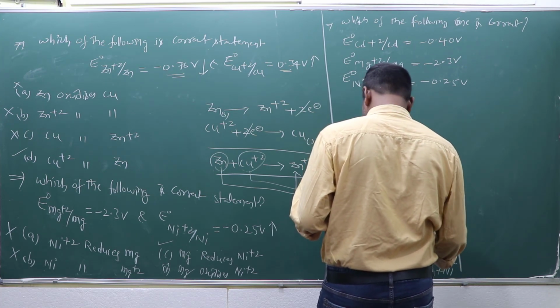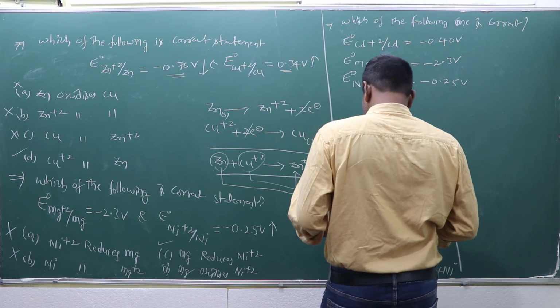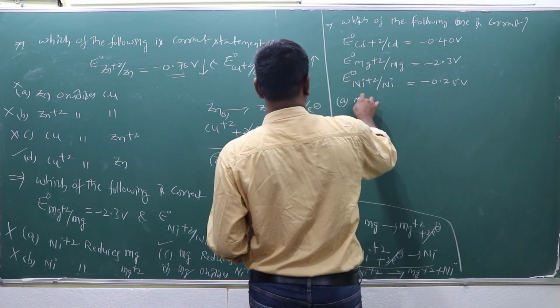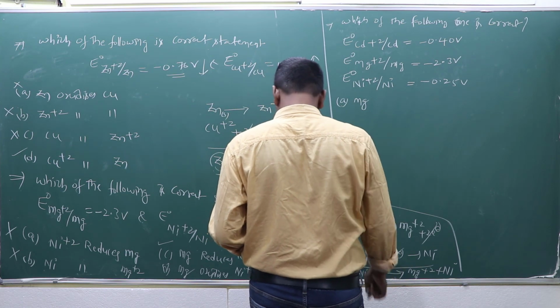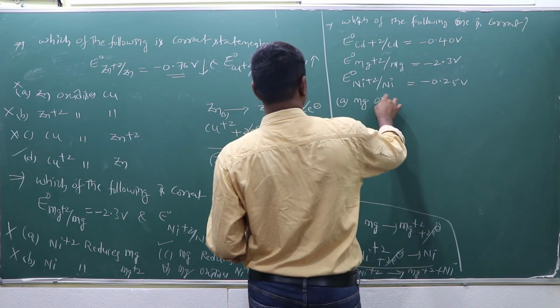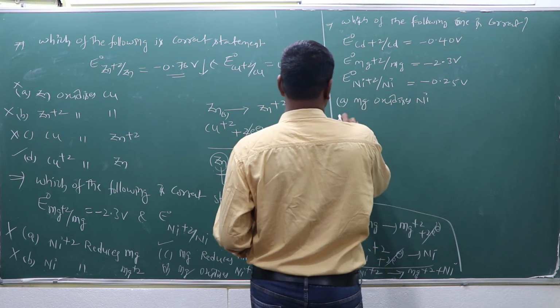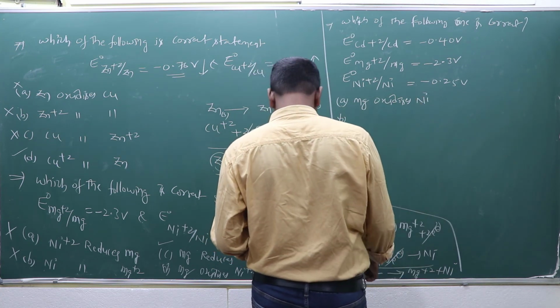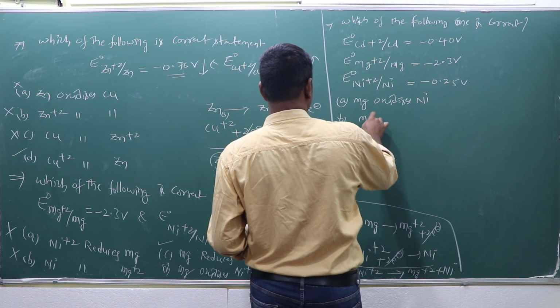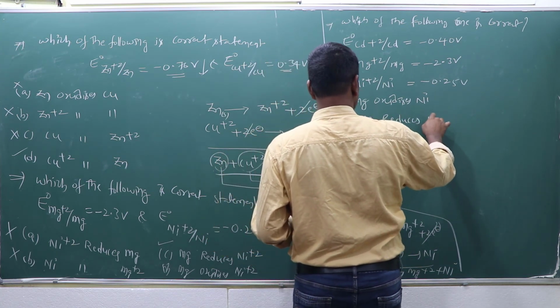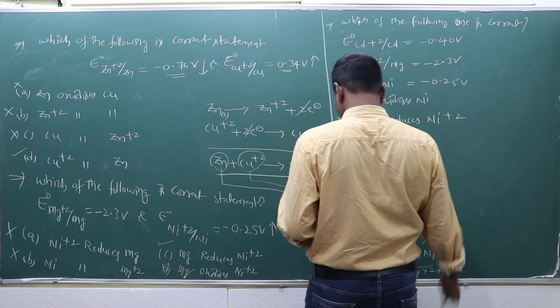This statement is which one? A. Magnesium oxidizes nickel. B. Magnesium reduces nickel plus 2.